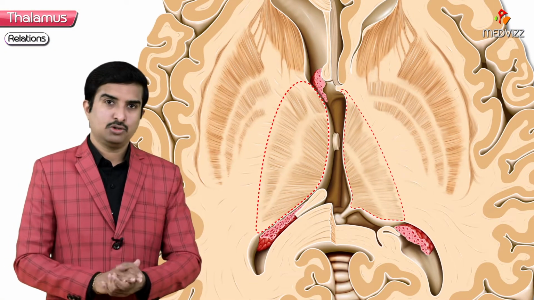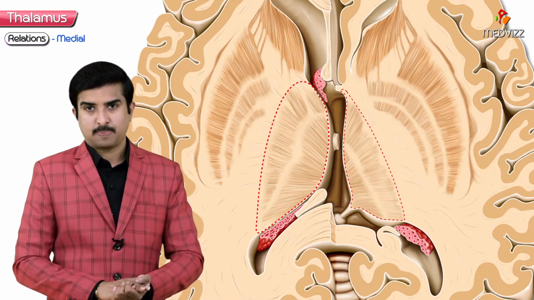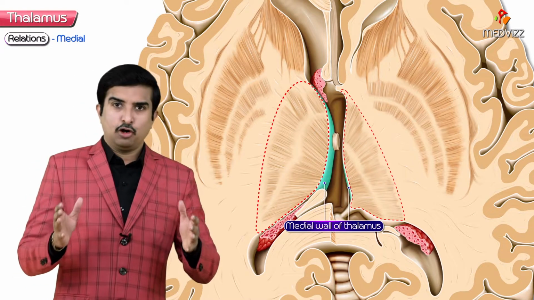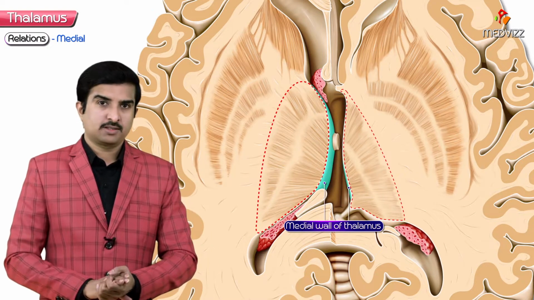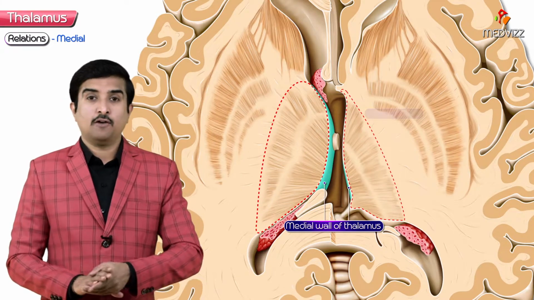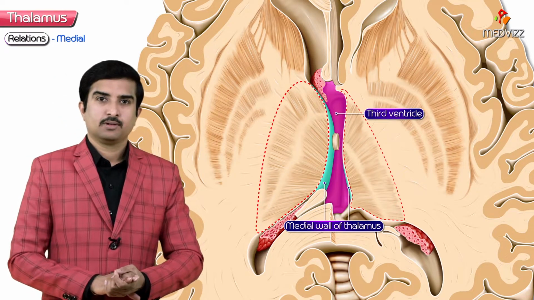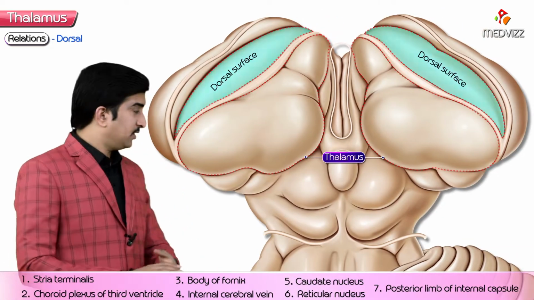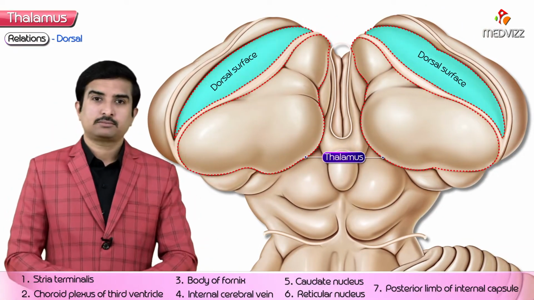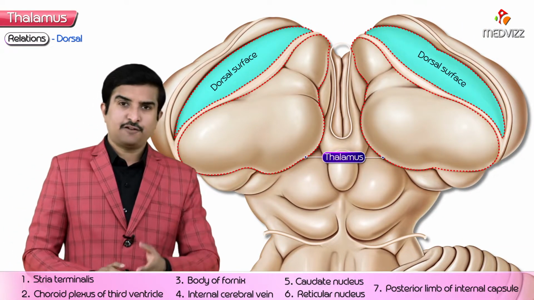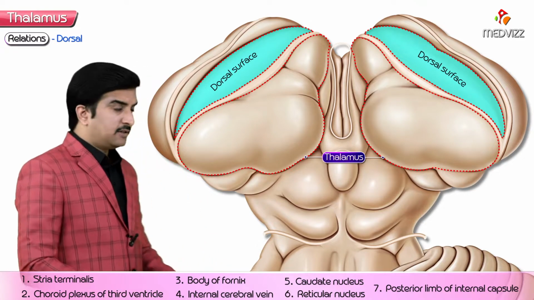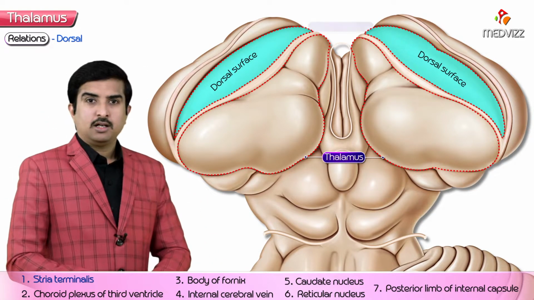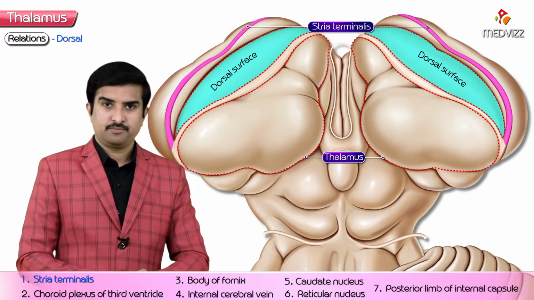Next, let us talk about the medial relations. The medial wall of each thalamus forms the lateral wall of the third ventricle. And next is the dorsal relations. The dorsal surface of the thalamus is in close proximity to the stria terminalis.